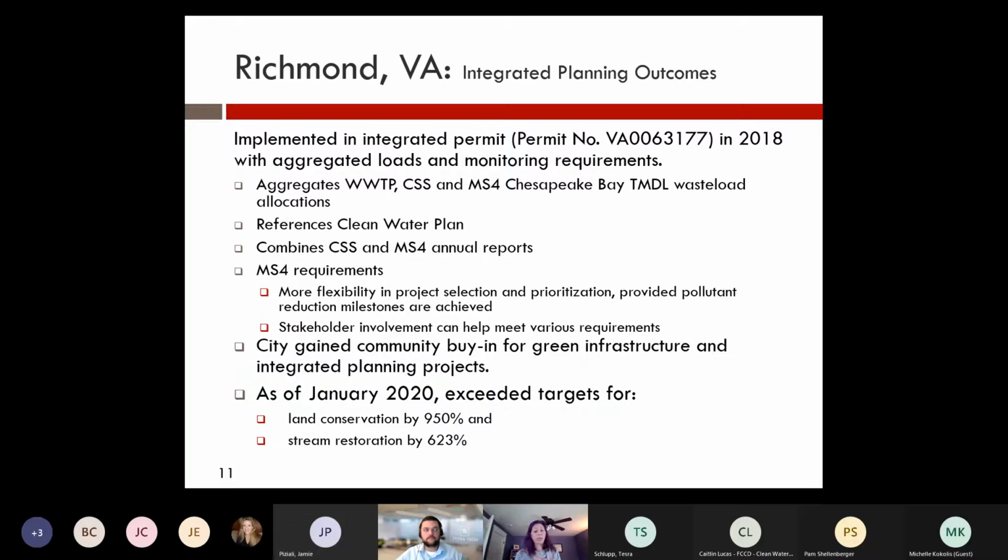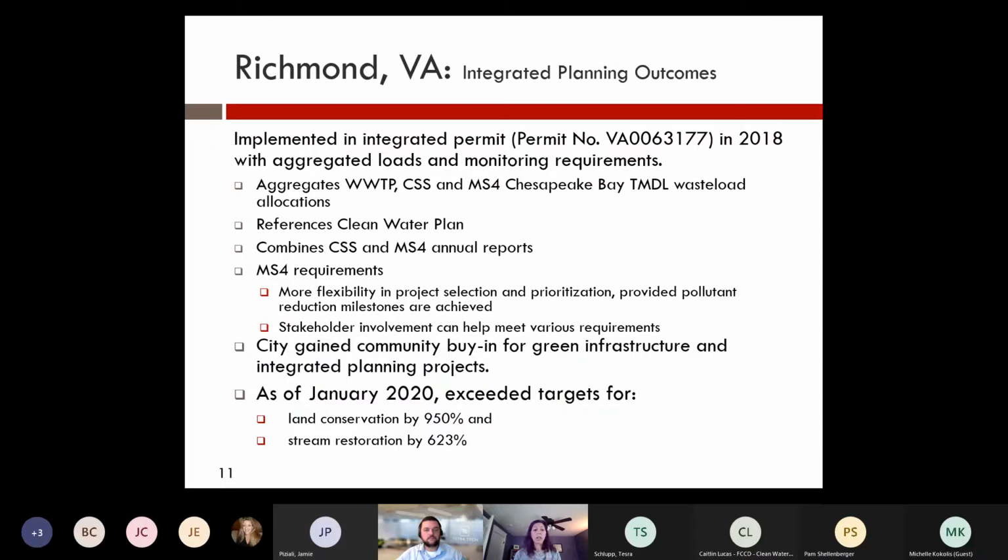And that really helped them out a lot, because instead of paying a lot more money to get additional treatment at the wastewater treatment facility, they were able to be more cost effective in looking at adding green infrastructure in the MS4 communities and the combined sewer system, and aggregate what that waste load allocation was not needed across those sources of pollution.